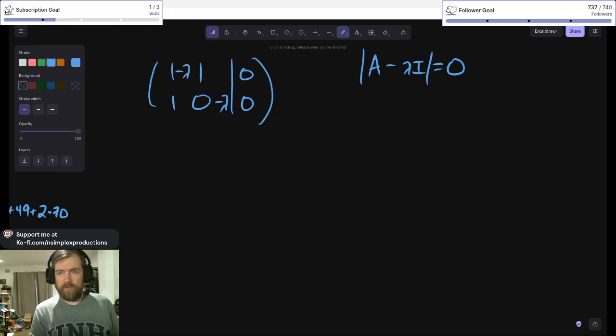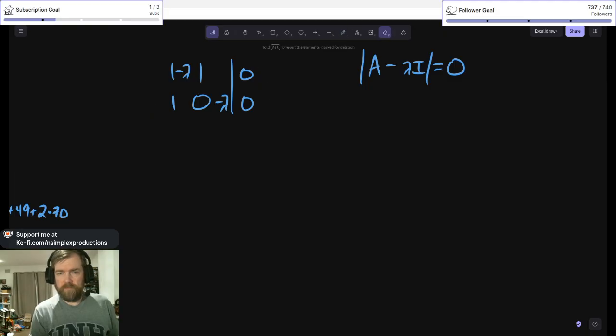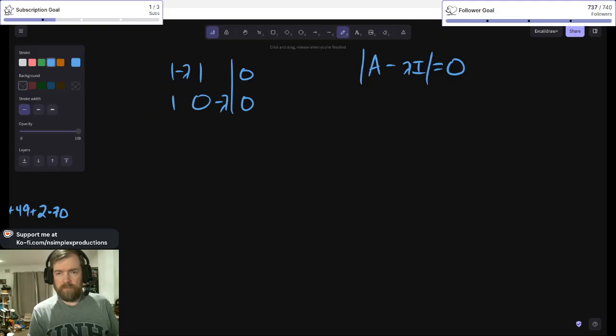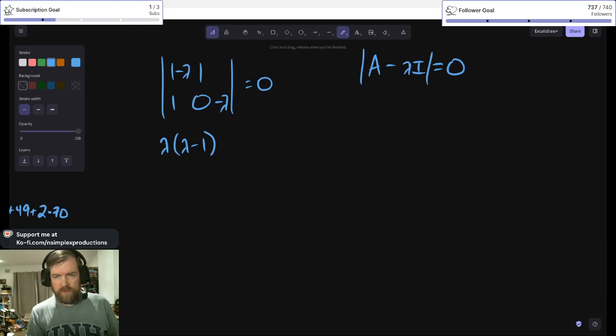Sorry, determinant of that. So we're not augmenting yet. This is going to be lambda times lambda minus 1, and if we distribute the negative, minus 1 is equal to 0. This is lambda squared minus lambda minus 1. Right. Good.